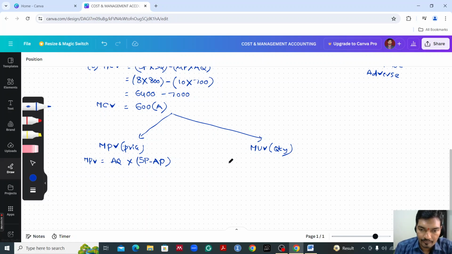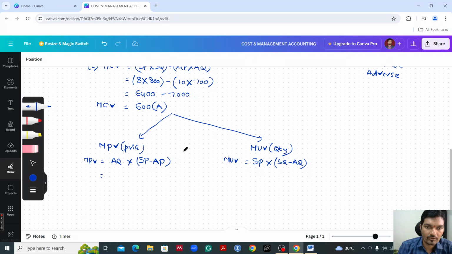Then coming to MUV, here the standard price is multiplied with, here we should take quantity to find out the variance, standard quantity minus actual quantity. Then substitute the values.